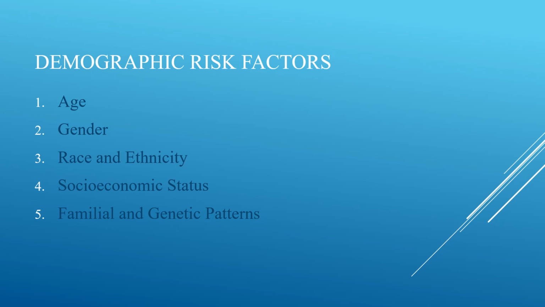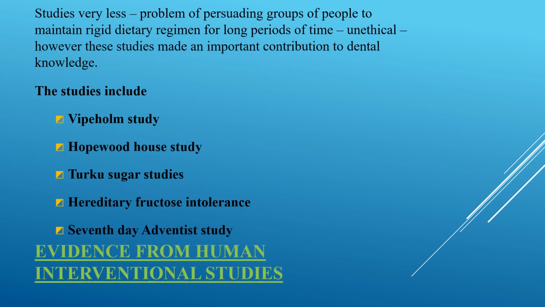So the mother introduces the microorganisms into the children's mouth. If the mother is more prone to caries, it will follow that the children will also be more prone to caries.